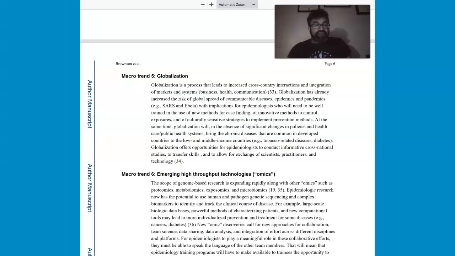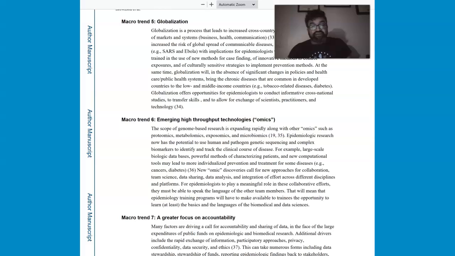This next one, macro trend number 6, I've actually been to a conference by the name of OMICS, Emerging High Throughput Technologies. And this is talking more about systems, whole systems. Epidemiologic research now has the potential to use the combination of biomarkers and genetic sequencing to track clinical course of disease.